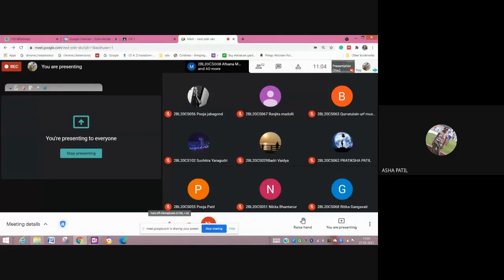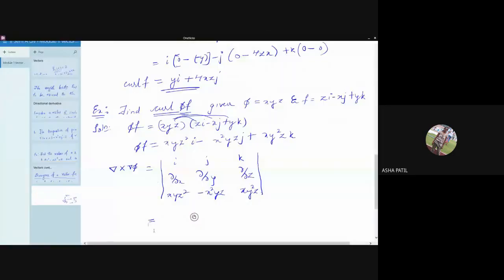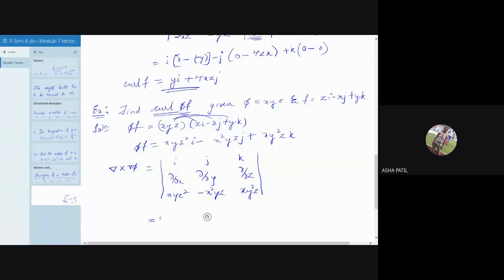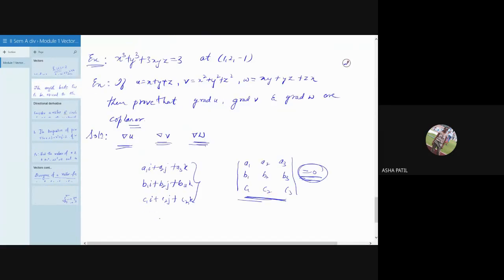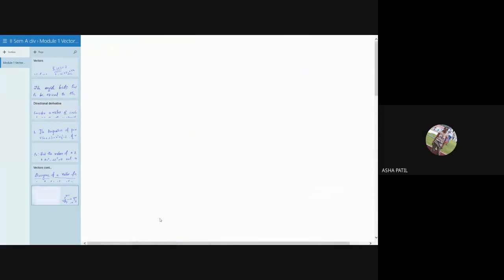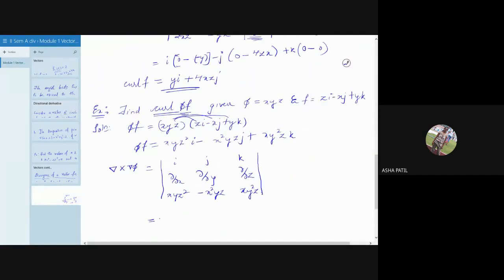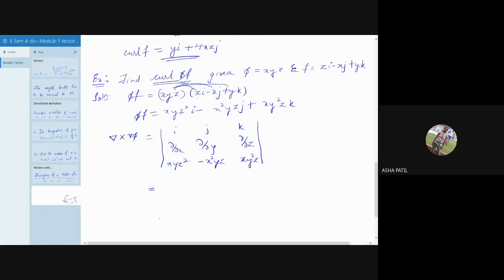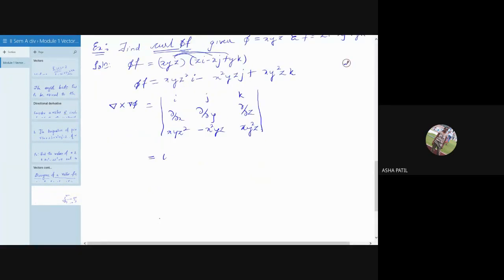Okay, let me continue the class. Can you tell the answer, anybody? 2xyz plus x square y.